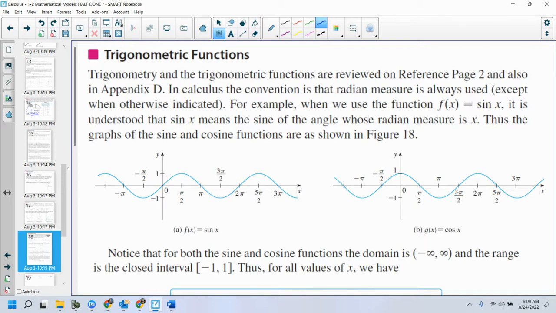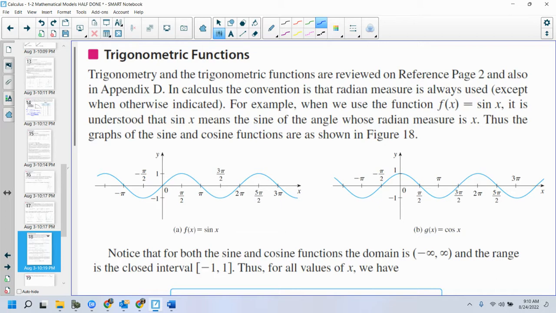The convention is that we are always in radian mode, except when otherwise indicated, obviously. You studied this a lot in pre-calc, right? Learn how to graph sines, cosines, tangents, where their periods are, where their amplitudes are, when they start repeating, where their zeros are. How do you stretch them? How do you shrink them?